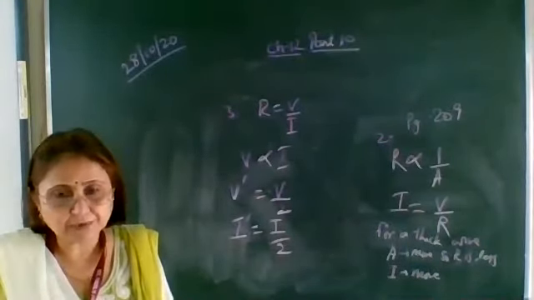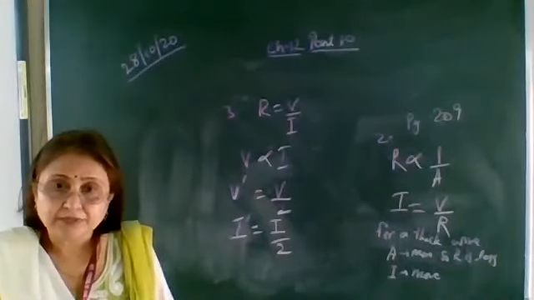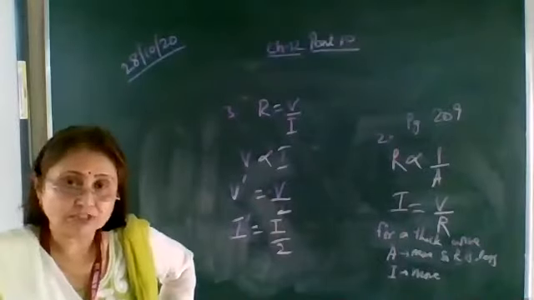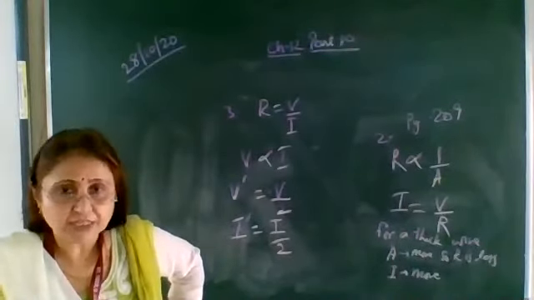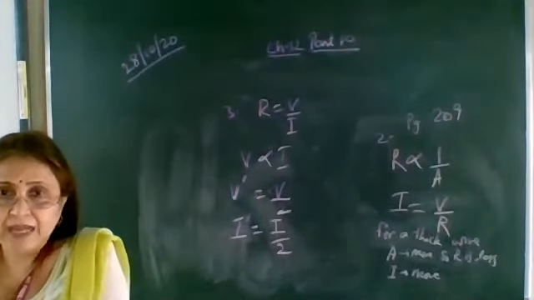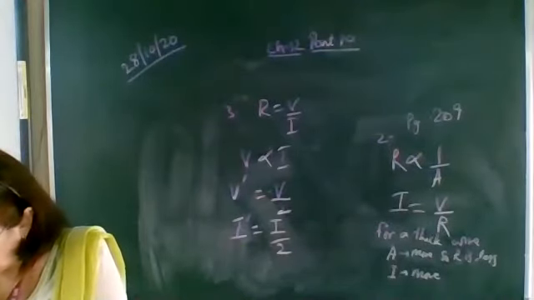It is greater than the pure metals. And the second thing is the alloys do not get oxidized very easily. They do not get burned up very easily. So due to these reasons, the heating elements of electric toasters and electric irons are made up of alloys.